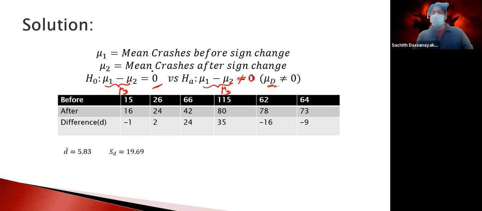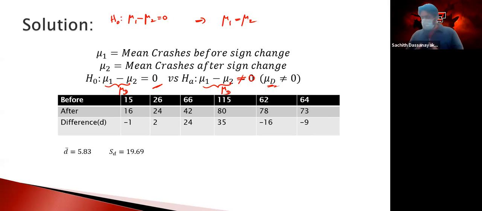Once you simplify a little bit, you will see a very similar thing. The mean of the first observations and the mean of the second observations have no difference. It doesn't matter where or how the accidents happened, before and after, no difference.